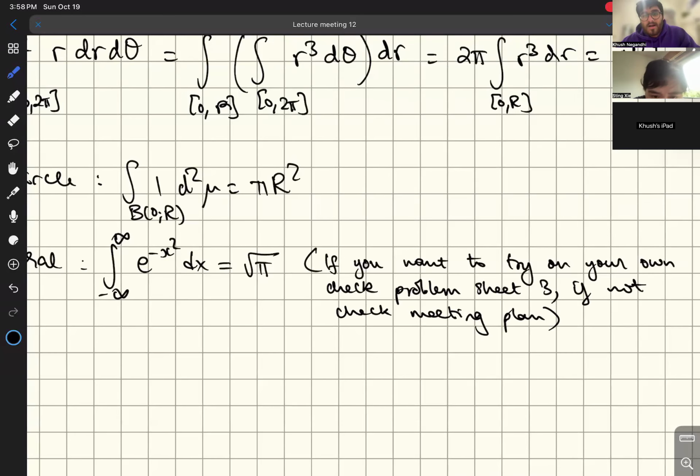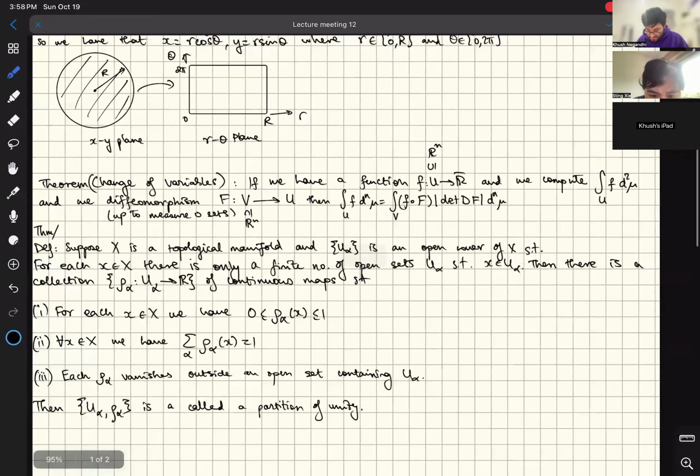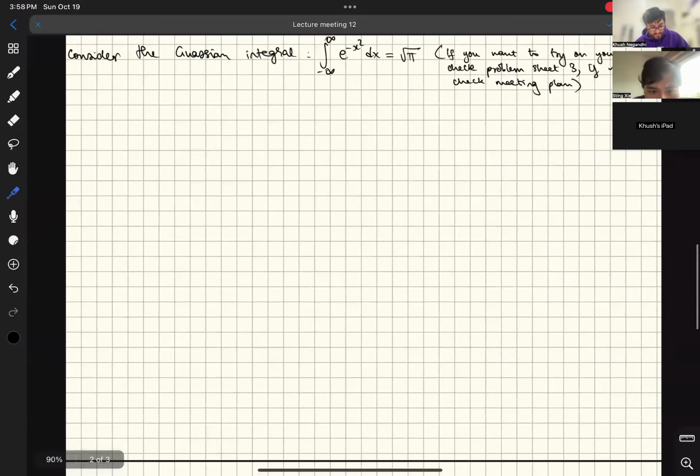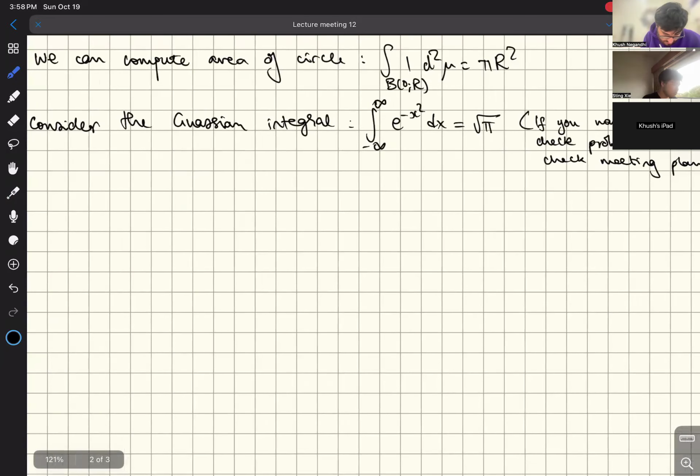Okay. There's nothing special about two dimensions, as you saw. We did change of variables in arbitrary dimensions, R^n. You can also do spherical coordinates. Again, spherical coordinates are not diffeomorphisms onto the image. It's just up to a set of measure zero that they are. So in R3, we have spherical coordinates.